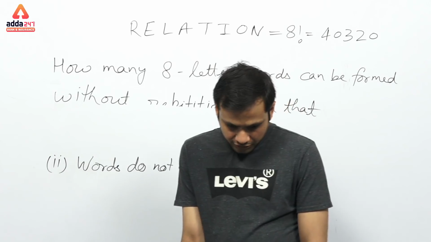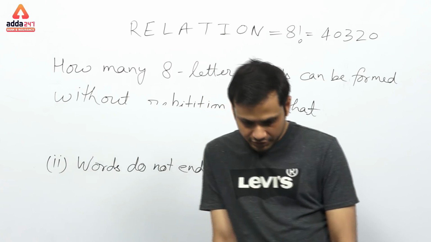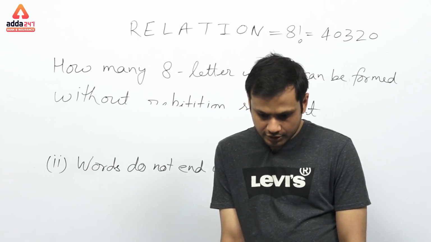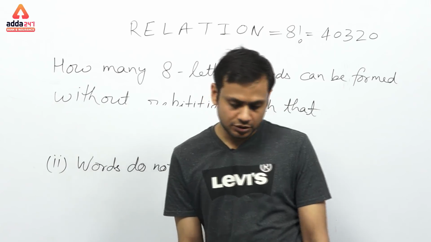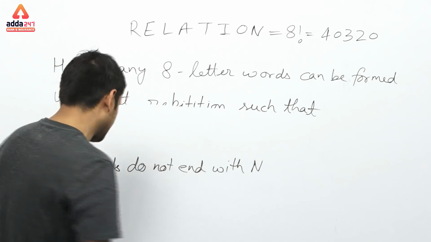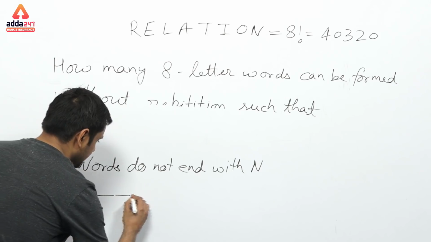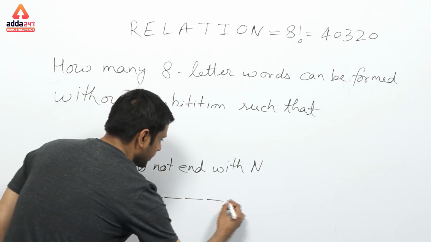Ritu is getting 35,280, RK is also getting 35,280, Priya is getting 35,280. Let's see that. Guys, the words do not end with N. First of all, I will make the 8 places: first, second, third, fourth, fifth, sixth, seventh, eighth.